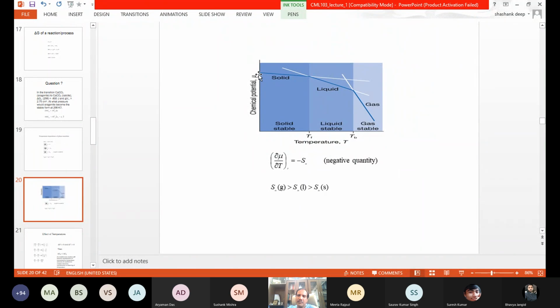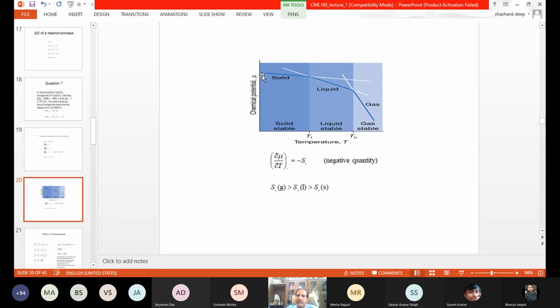And that's what is shown here, and I discussed last time that solid has the lowest Gibbs free energy, meaning highest stability, at 0 degrees Celsius. Then you have a liquid, and then you have a gas. So it will meet somewhere here, and this will meet quite up here.